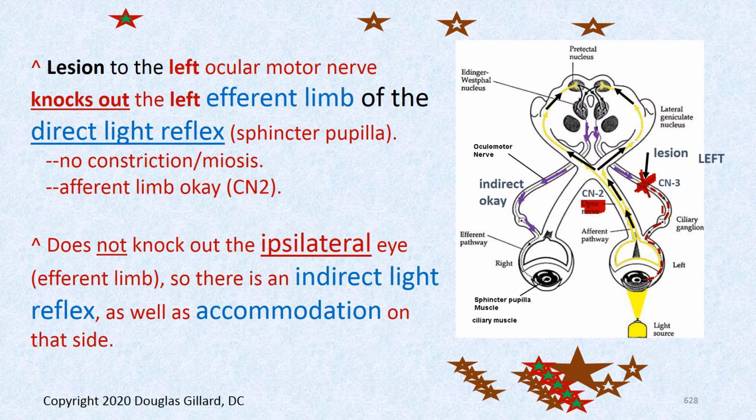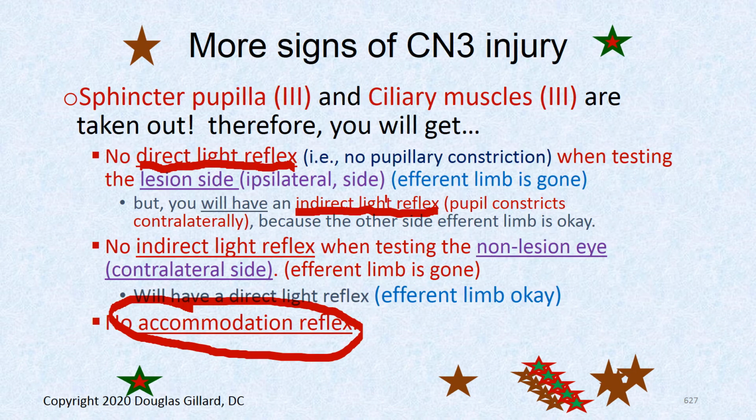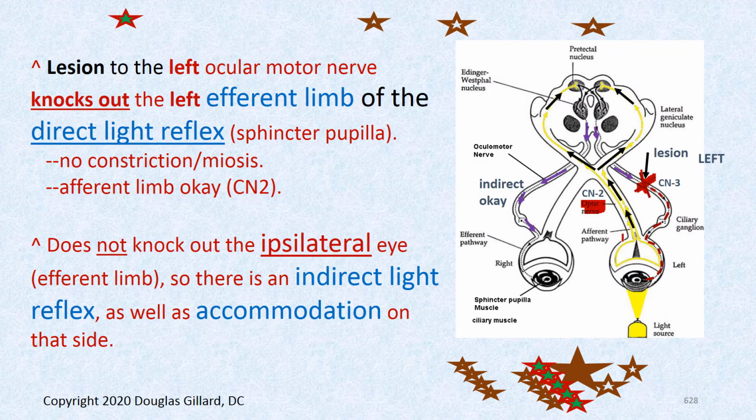With regard to the direct light reflex, the sphincter pupillae muscle is messed up. That's the muscle you need to constrict your pupil. So that won't work. You shine a light in this eye, the pupil stays the same.